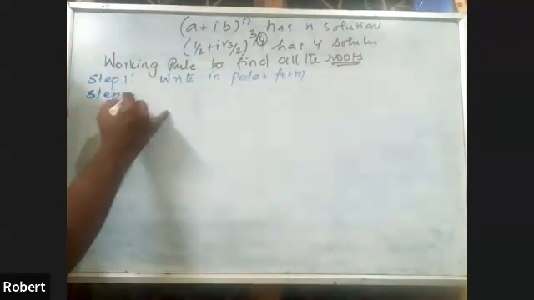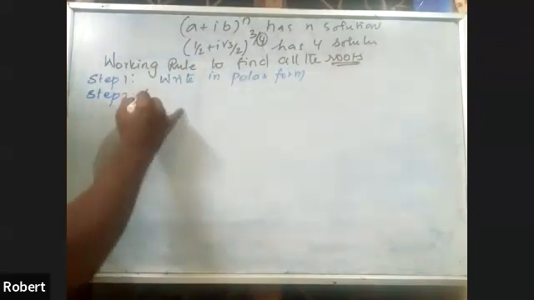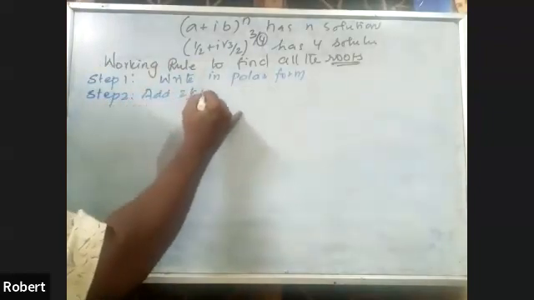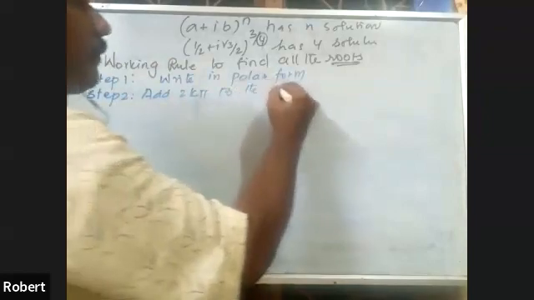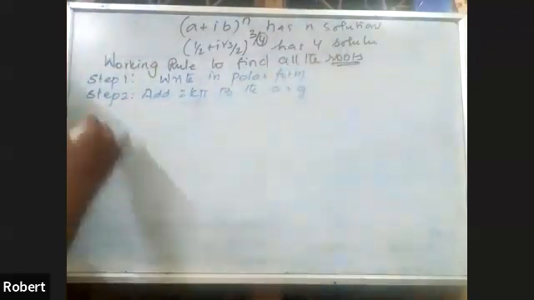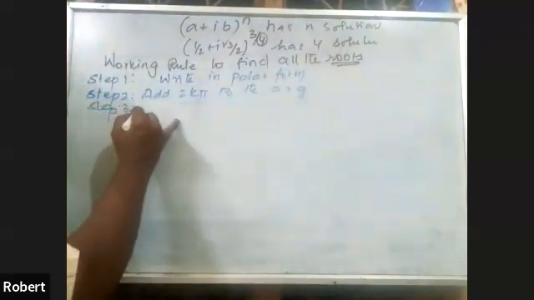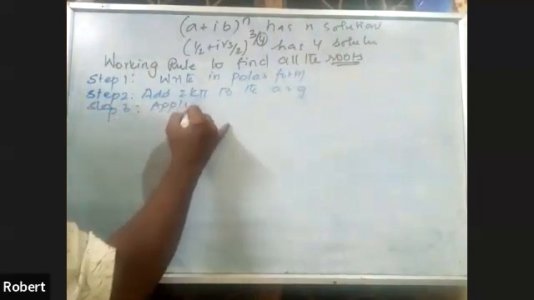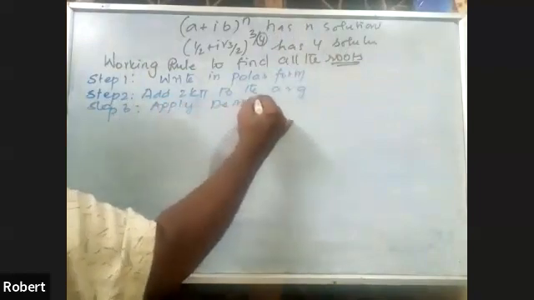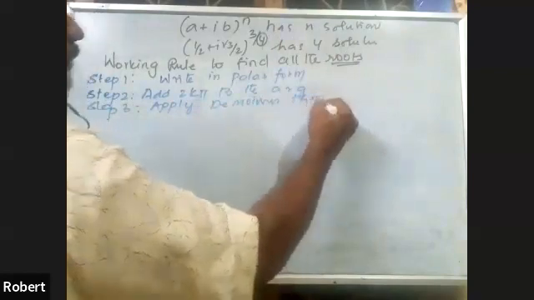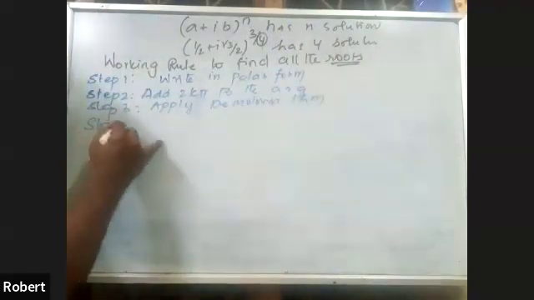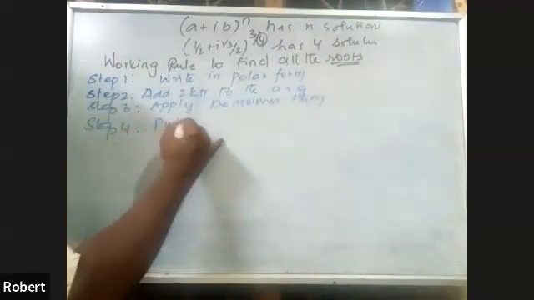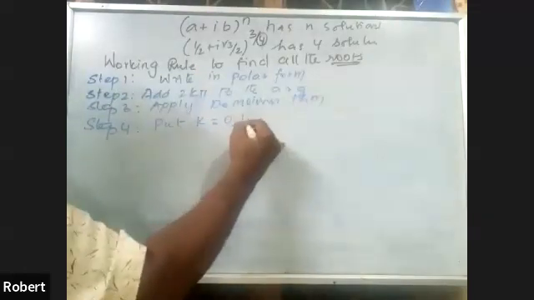Step 2: add 2k pi to the argument. Step 3: apply De Moivre's theorem. Step 4: put k equals 0, 1, 2 and so on.